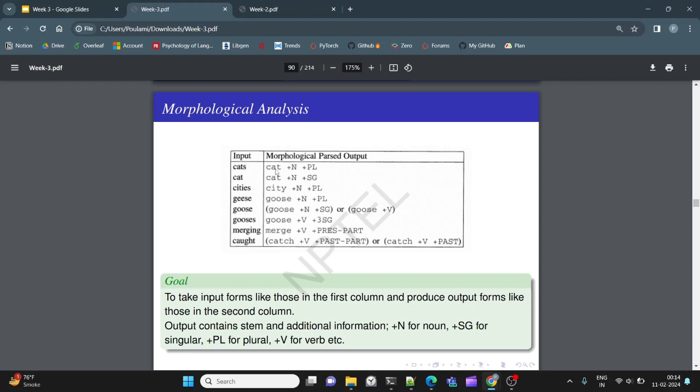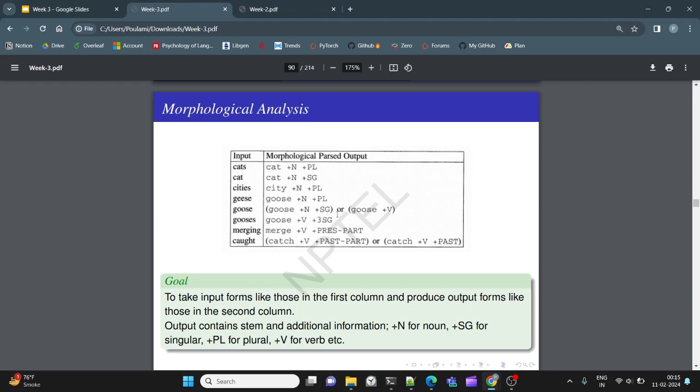So the output contains the stem. It also has information like whether it's a noun or a verb, whether it's PL, which stands for plural, SG, which stands for singular, whether it's past tense, and so on.